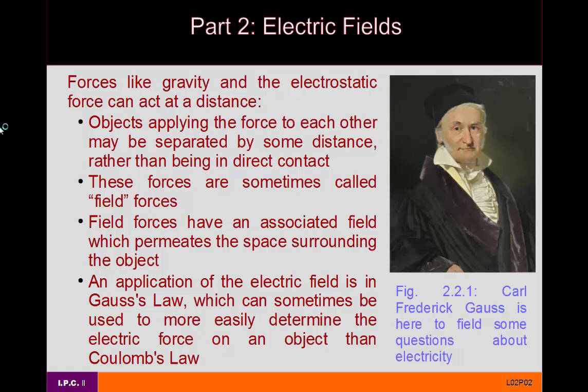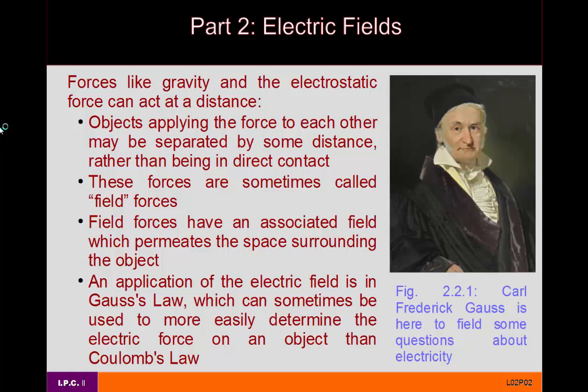For the electrostatic force, we had Coulomb's law. And the basic idea behind these two forces acting at a distance is that the objects that are applying the force do not have to be in physical contact by, for example, touching the object upon which they are applying the force.